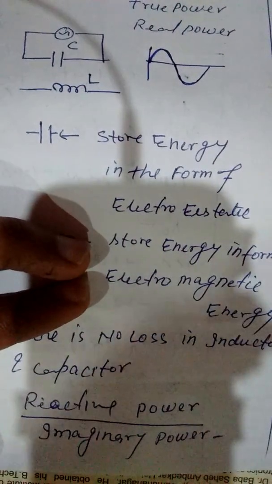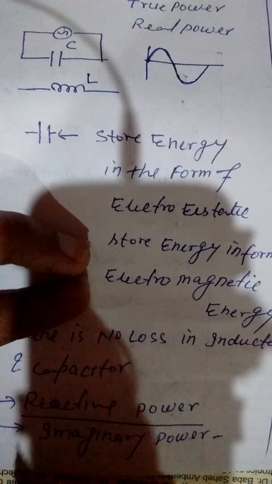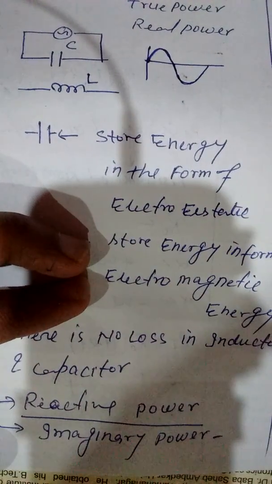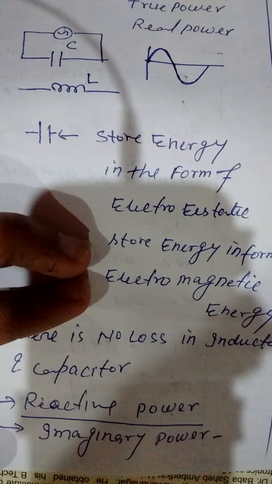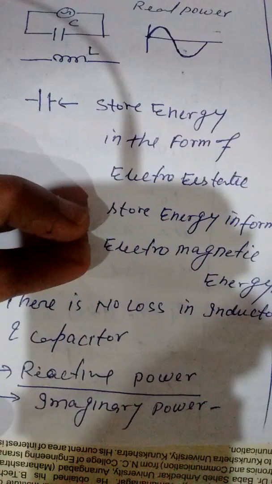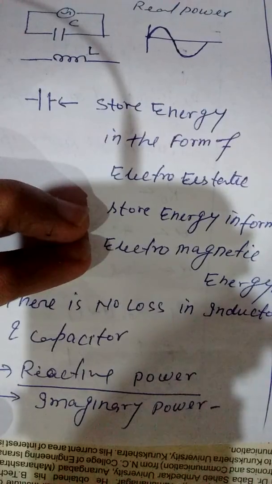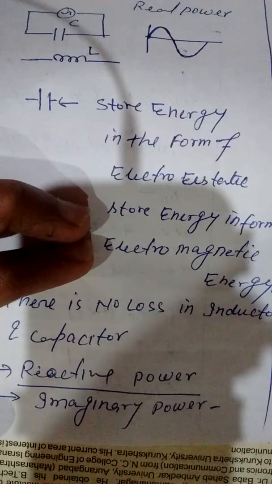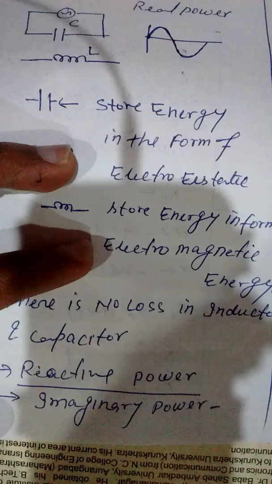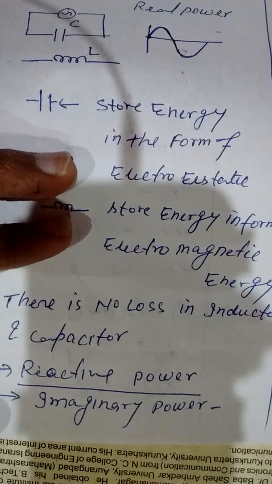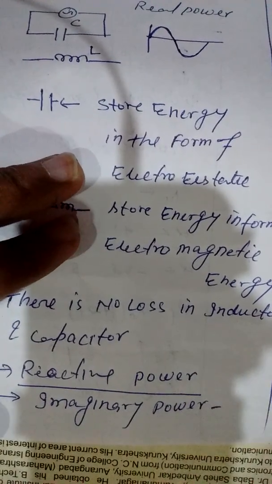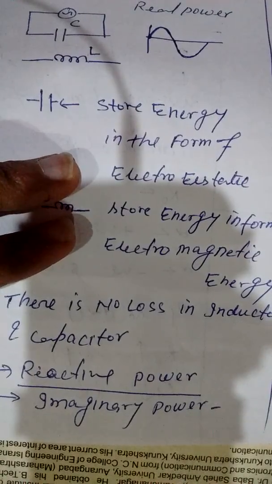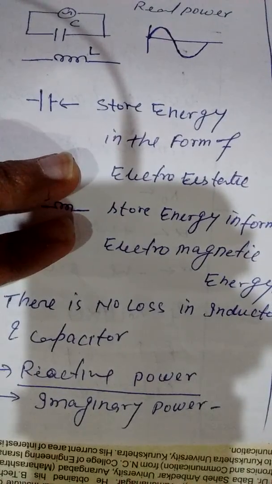How is it imaginary? Because it's not visible, it's not realized, it's only in a hypothetical way. We can only assume that something is going on, because whenever a capacitor or inductor is supplied by a source, it will be charged and again discharged. Whatever it takes, it will deliver again the same amount.